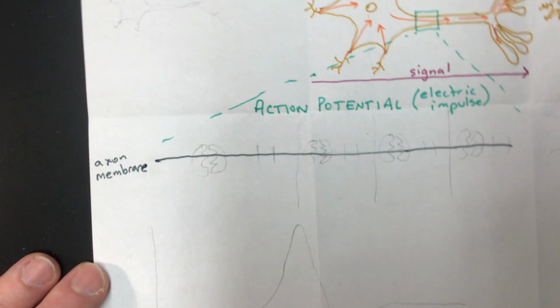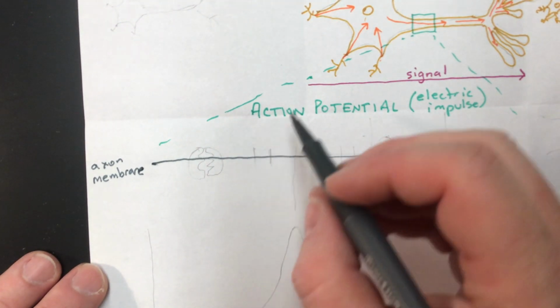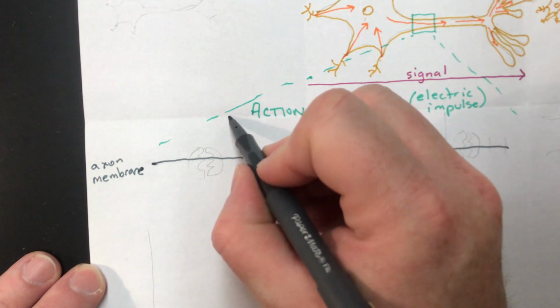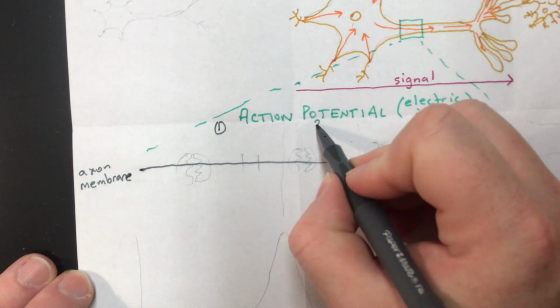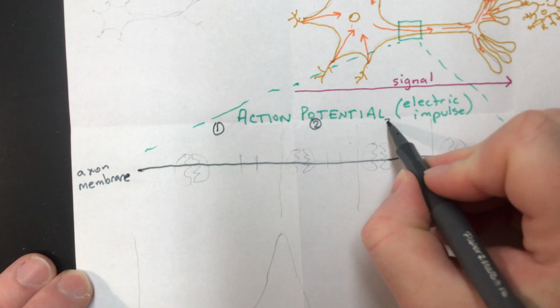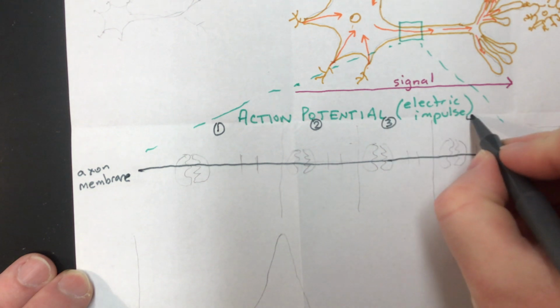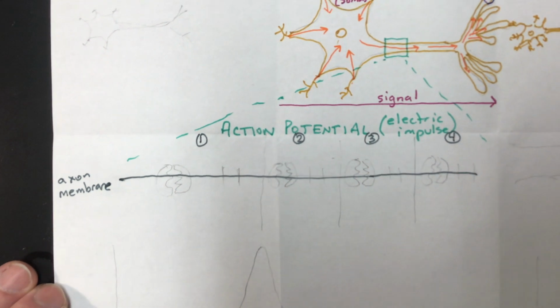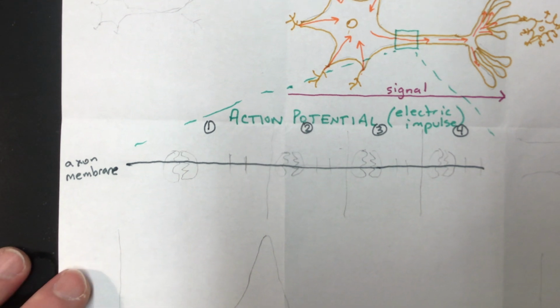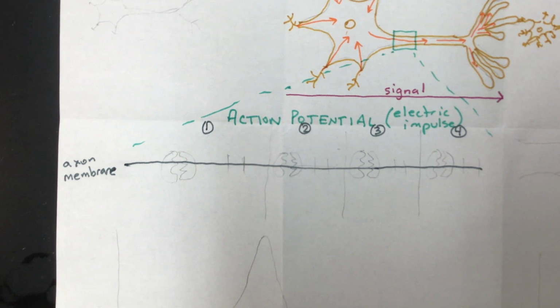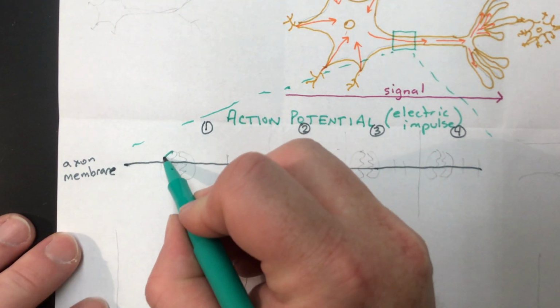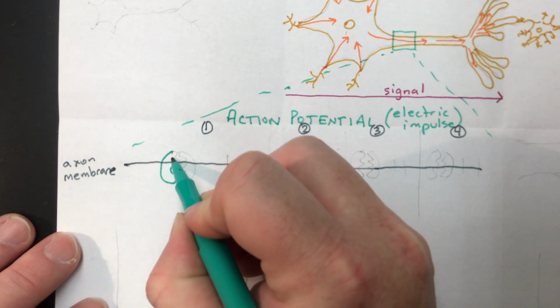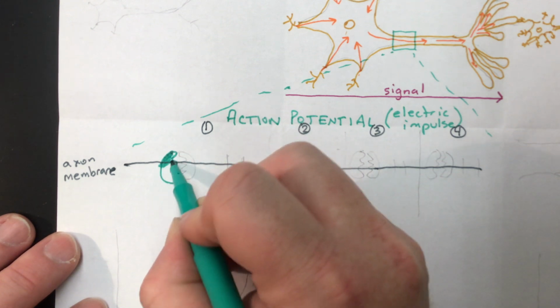And we're going to make this go into 4 different stages. So here's stage 1 of this process, stage 2, stage 3, and stage 4. Now the main players in sending this electric impulse are drawn in right here. So let's color these in.